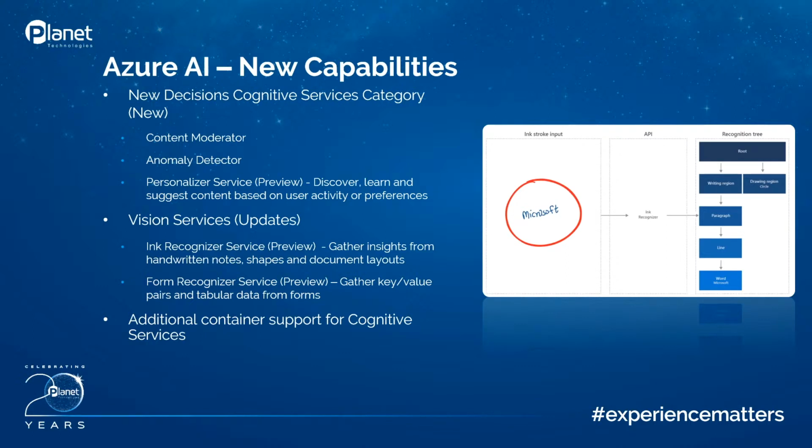The personalizer service is the new cloud service that's available. Xbox has been using it for a while, but it's a cloud service that uses machine learning models to discover and rank, and then facilitates the presentation of personalized content to users.